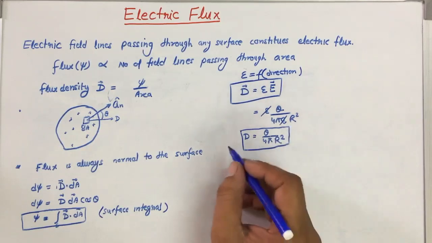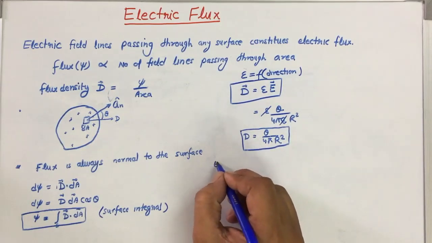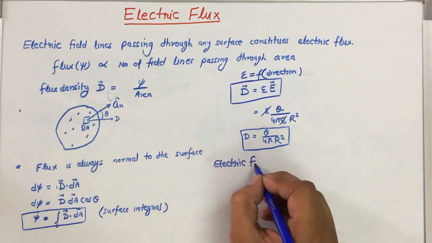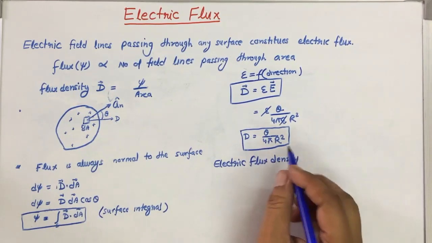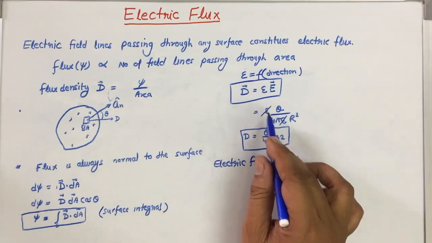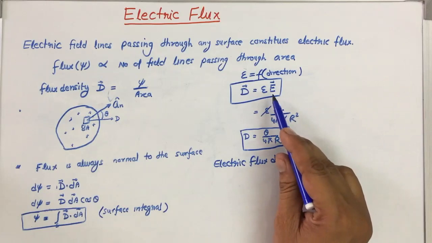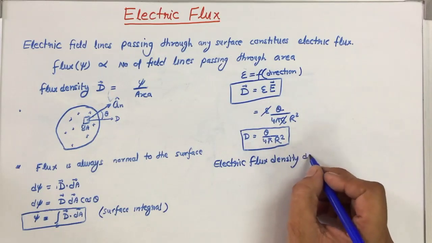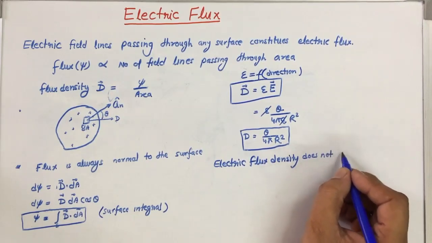What we can say is the electric flux density does not depend on the medium, because it is free from the medium. However, the electric field does, but the density does not.